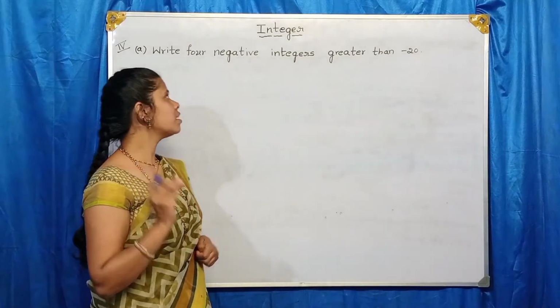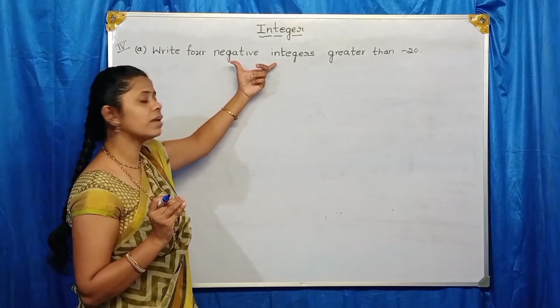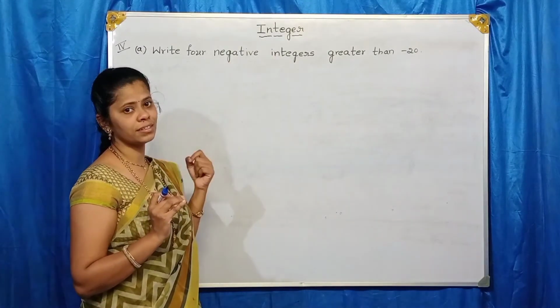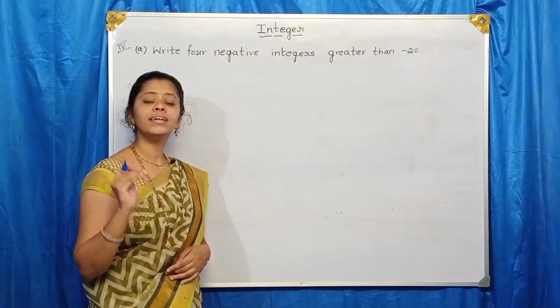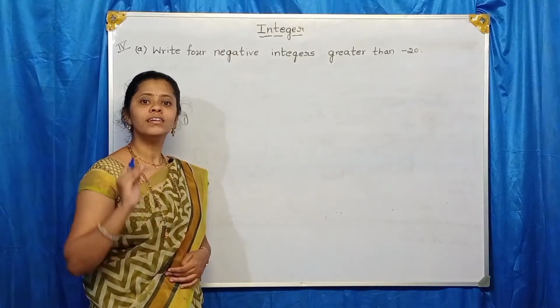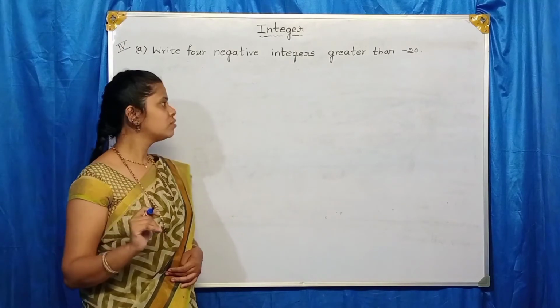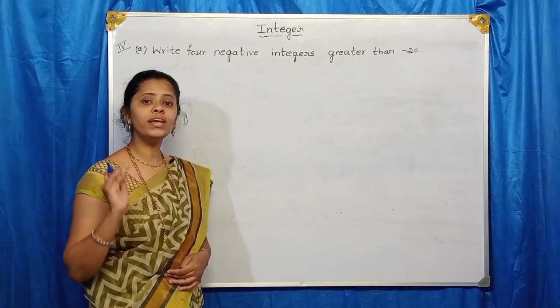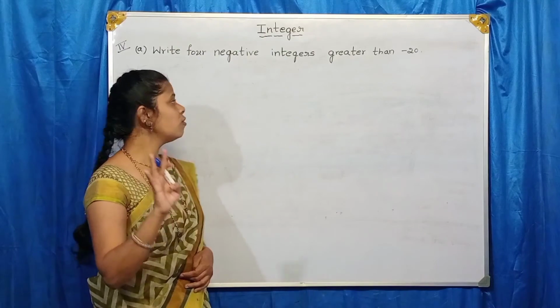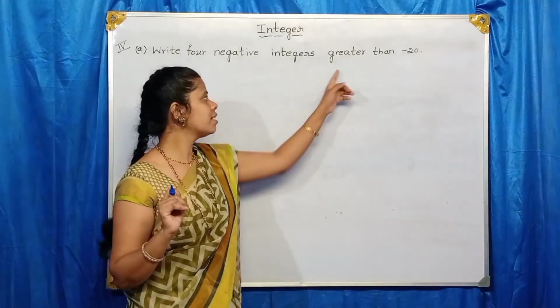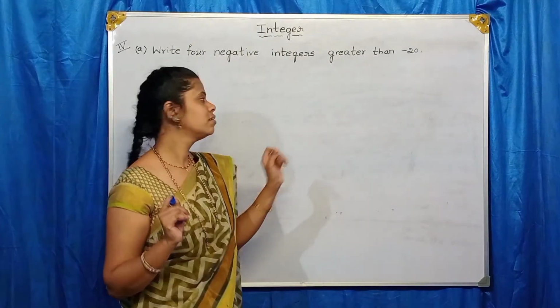But specifically they have said you have to write the negative integers. So, you know that in a negative integer, smaller the number, greater is the value, isn't it? So, keeping this rule in mind, write 4 negative integers greater than minus 20.